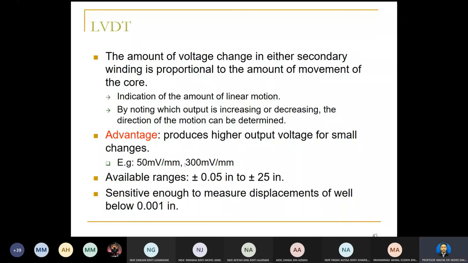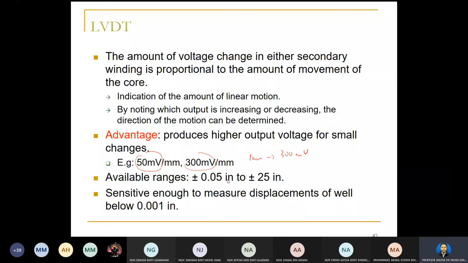For example, if we have 1 mm, the change will be 300 millivolts, or 50 millivolt, for example. And then the variable range is plus minus 0.05 inch to plus minus 25 inch. The sensitivity is enough to measure displacement of well below 0.001 inch.